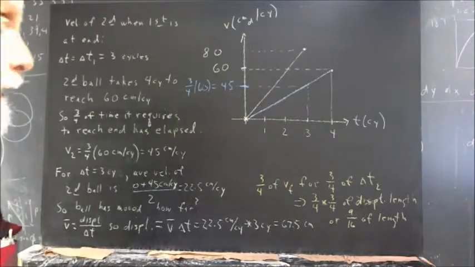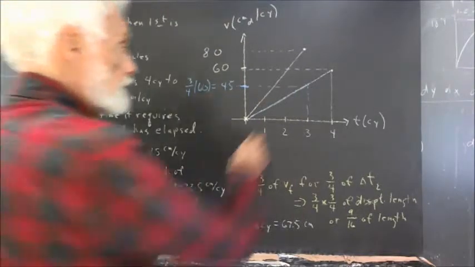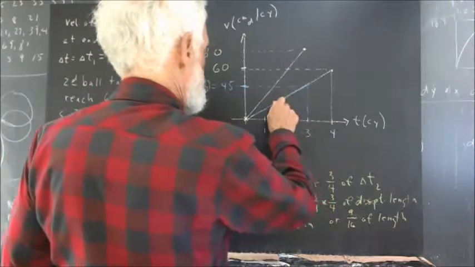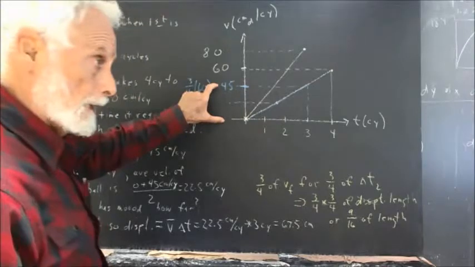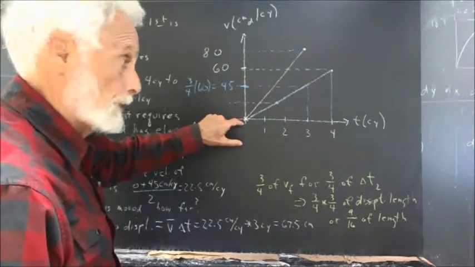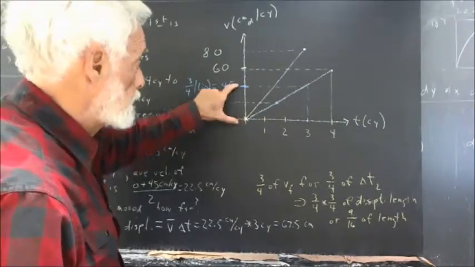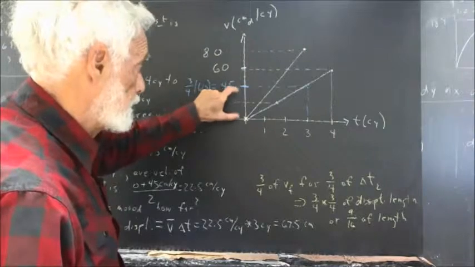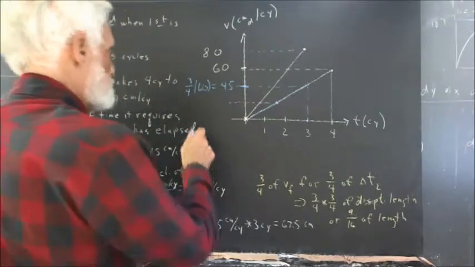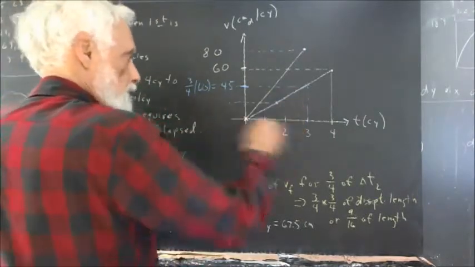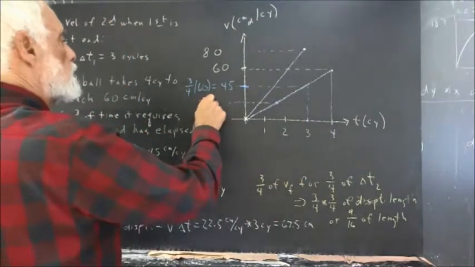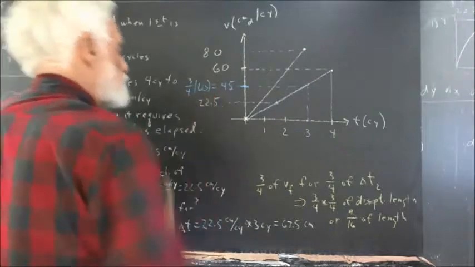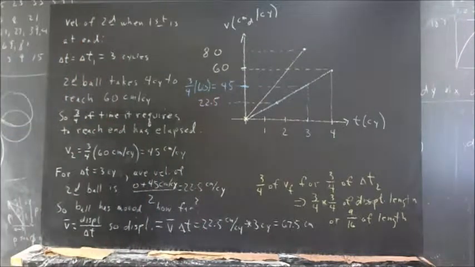Well, the average velocity on that interval corresponds to the midpoint here. It's going to be half of the final velocity, because the initial velocity was 0. The average velocity is halfway between 0 and the final velocity. So its average velocity on the 3 cycle interval is going to be 22.5.